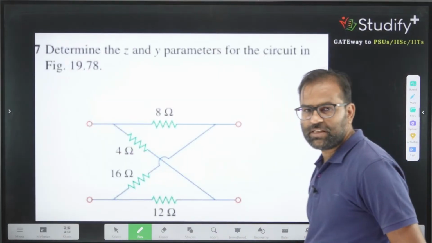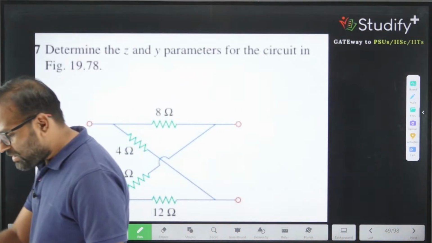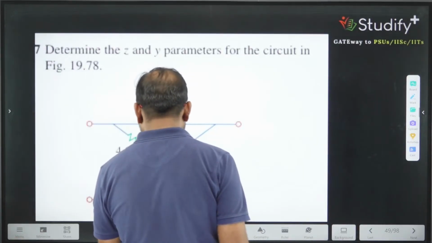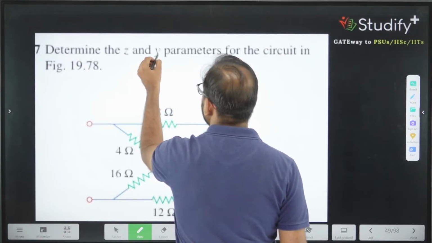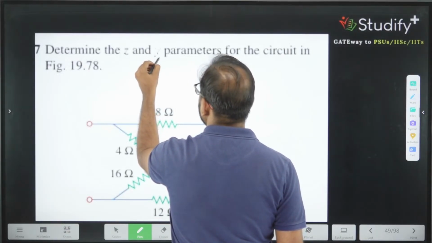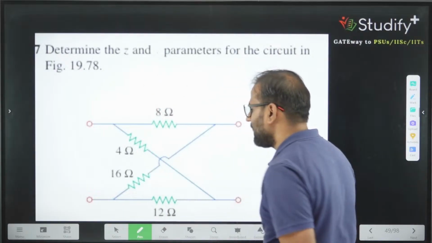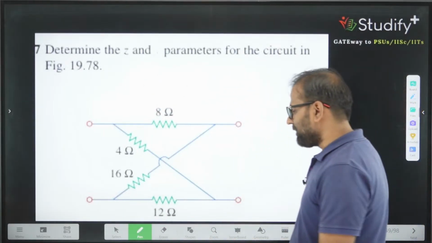One more problem is here. We have not yet discussed the Y parameter, so which parameter do we calculate here? Only calculate the Z parameter for this network. And we know how to calculate the Z parameters for this network.